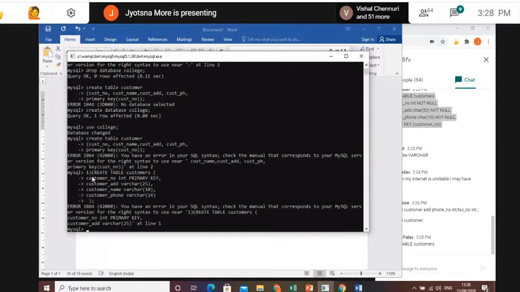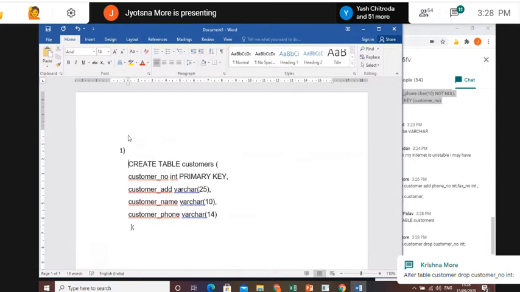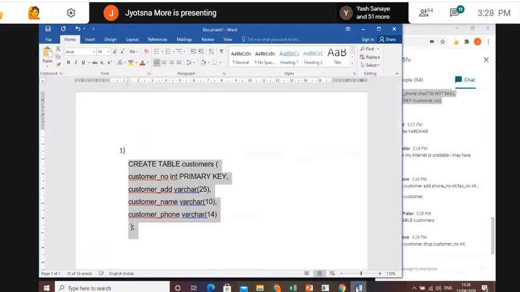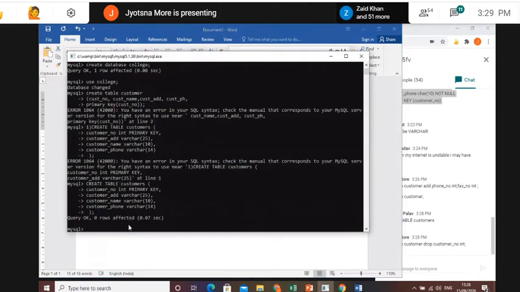Okay, number 1 I have not removed. Oh, sorry, I copied that one also. We don't require that one number, right? So my query is executed now. Now my table is created, customer table.